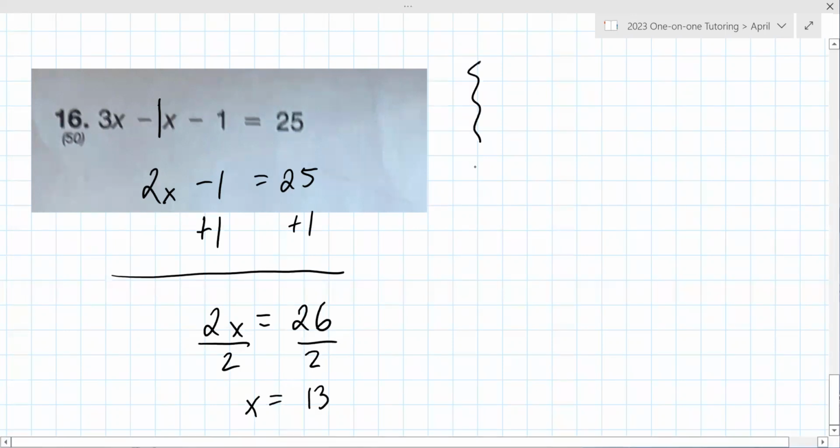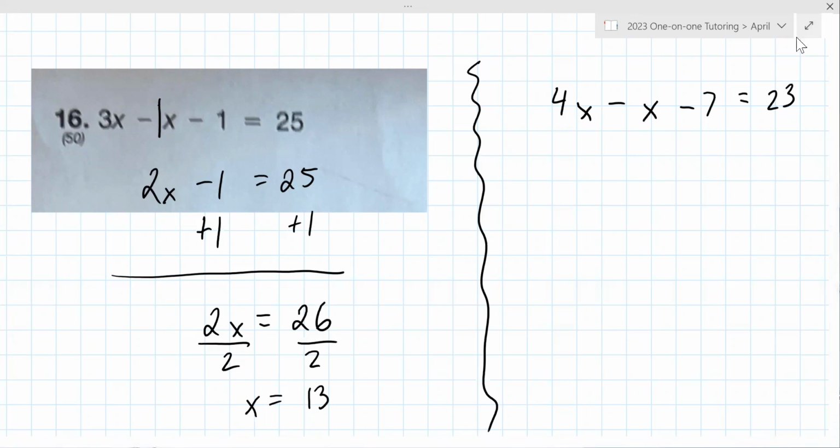Let me really quickly give you one here to try, please. Okay, would you solve this one on the right for me, please? Okay.